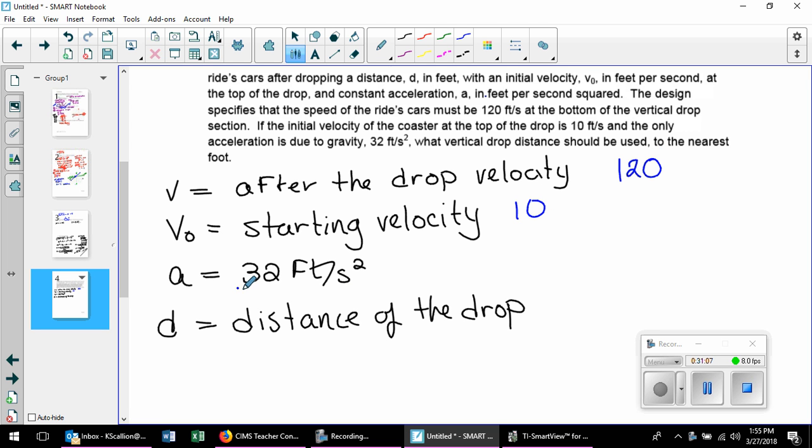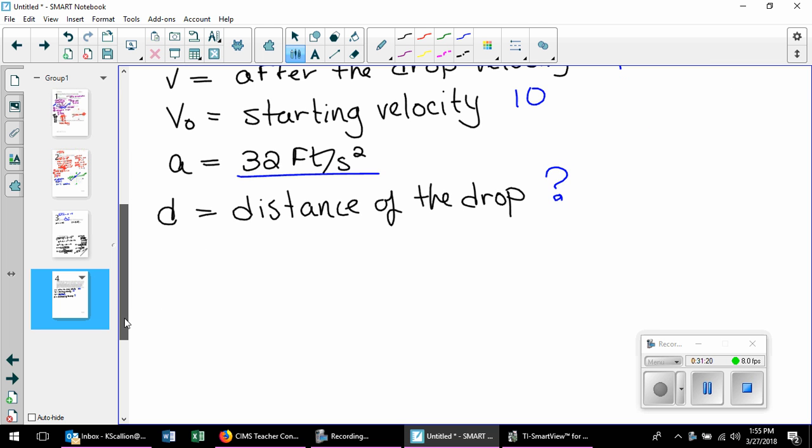We know what acceleration is. That's given to us. And it's asking how long the drop should be in order to have a final velocity of 120. Rounding matters in a case like this. You don't want to be too far or too short, because you want to make sure you have enough velocity to keep going through the loops.